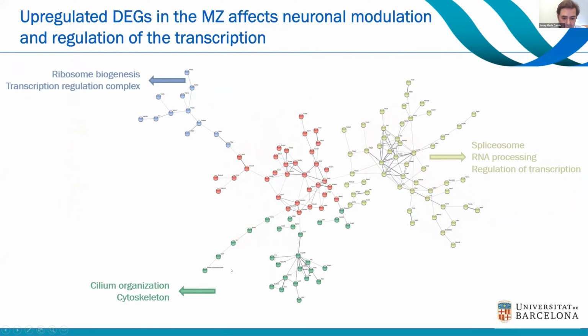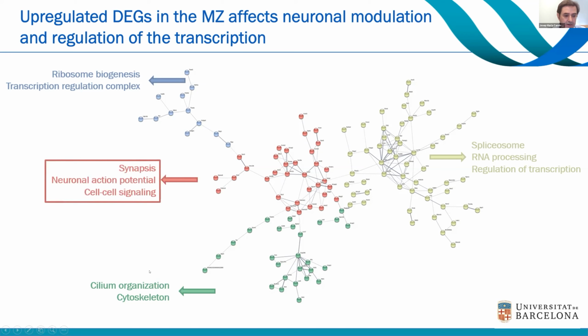We have also found that most of the upregulated genes regulate the cilium organization and cytoskeleton, and most interesting, they upregulate the synaptic and neuronal action potentials. So this could indicate that in Huntington's disease, there is a premature maturation of neurons during the embryonic stage.